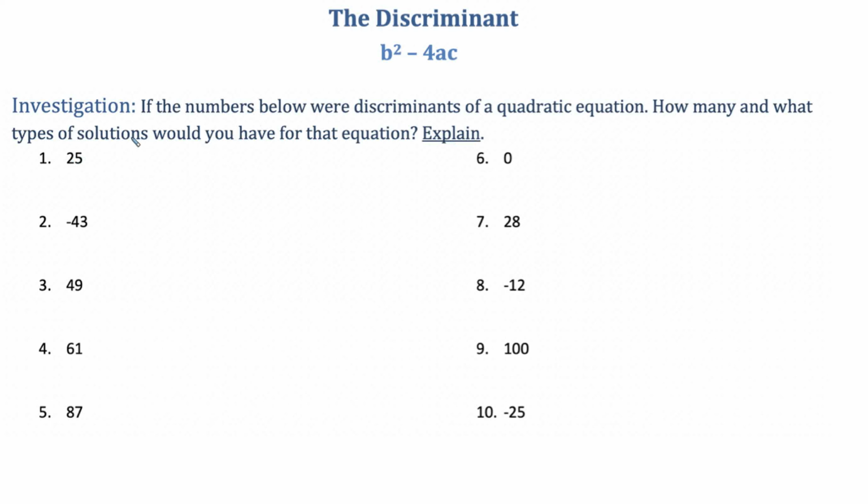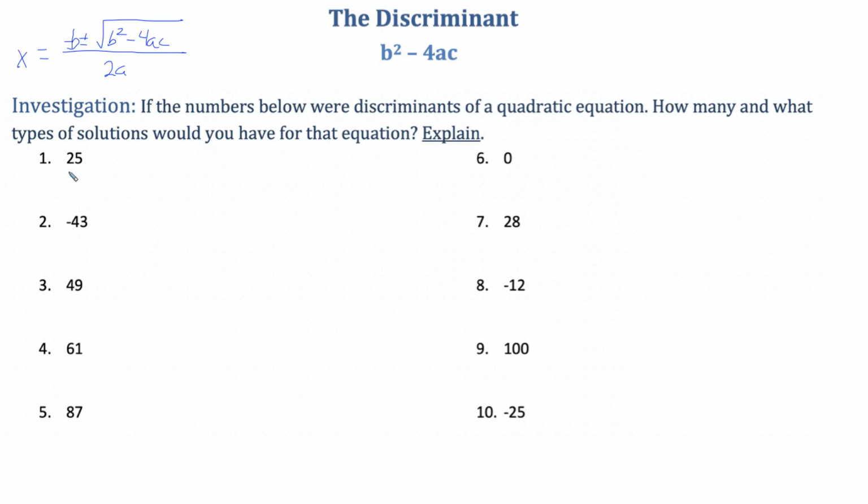So if you had 25 as a discriminant, I'm going to start off by just kind of thinking of the quadratic formula, and this is why the discriminant tells us these things. So x, or our variable, is equal to negative b plus or minus the square root of b squared minus 4ac, all over 2a. I forgot the negative b. The reason we look at the discriminant is because it's under a square root.